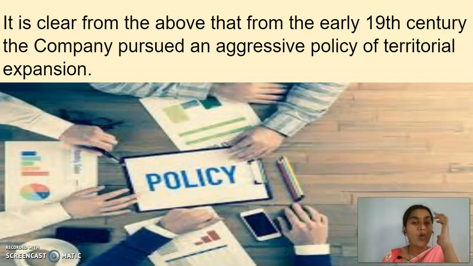They wanted to become rulers, they wanted to become the Nawabs. They wanted to expand their company, territory, empire. Due to that, they started to bring some new policies, new ideas, new methods by which they could suppress our Indian people. So they introduced many aggressive policies just to expand their territory.